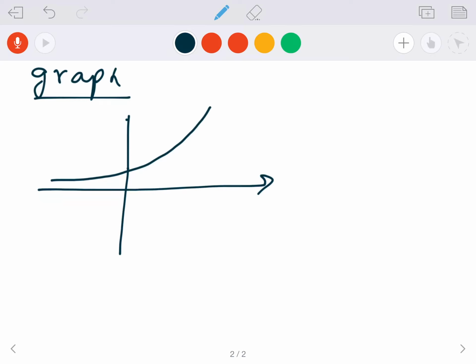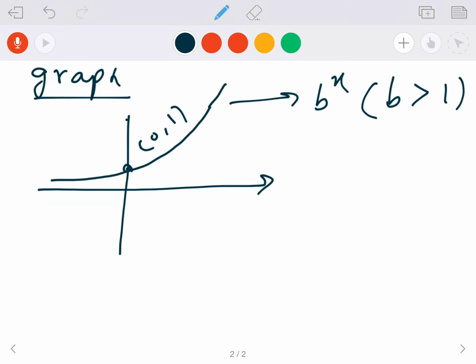It goes through this point right here, which is always (0, 1). This is b to the power x when b is greater than 1. And there is another type of graph, again always like this, that also goes through (0, 1).